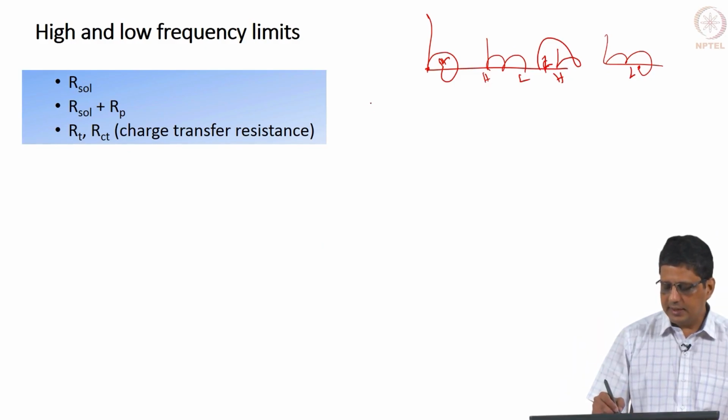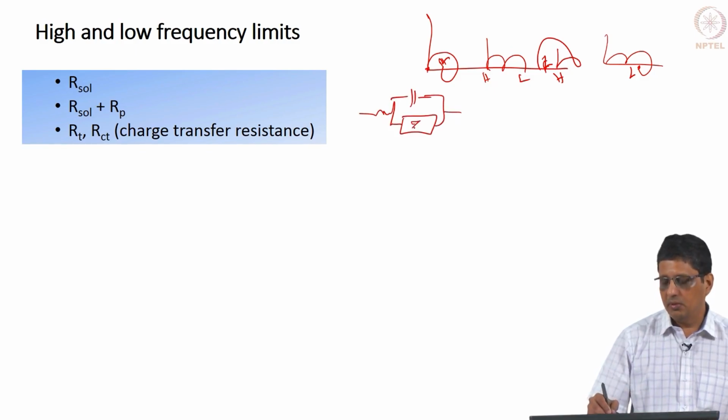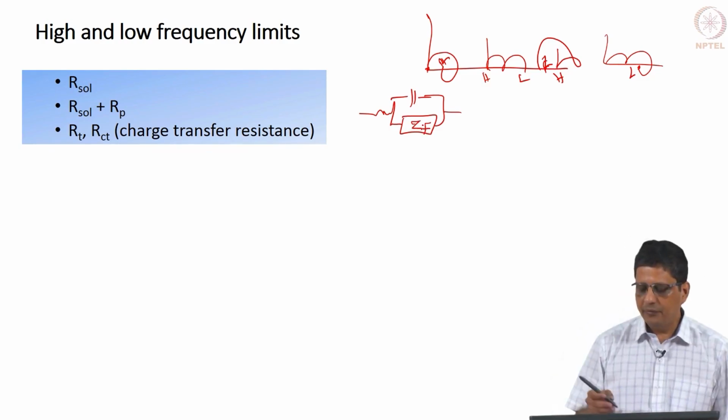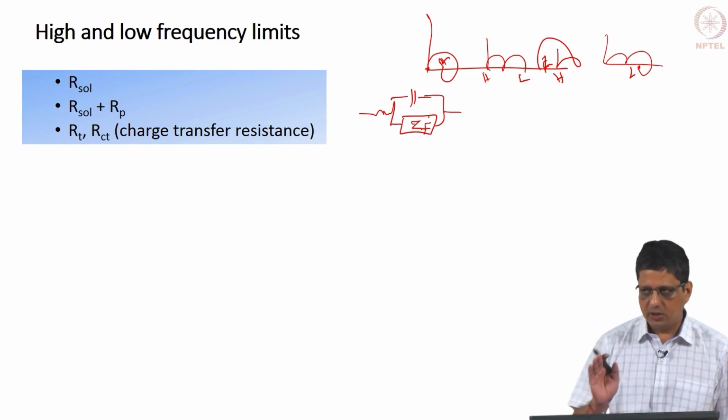So, we saw this, you have a resistor, you have a capacitor, you may have a reaction with a complex impedance, and that is often called Faradaic impedance in honor of Michael Faraday. For any electrochemical reaction, we are assuming there is no film, there is no mass transfer issue. In general, if it is kinetically limited, it can be represented by this.